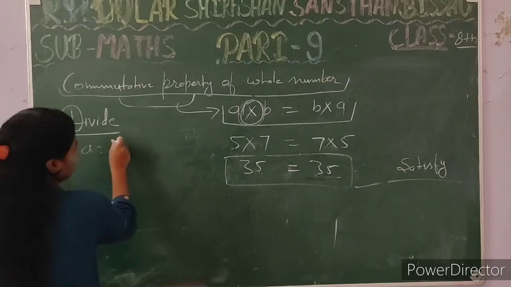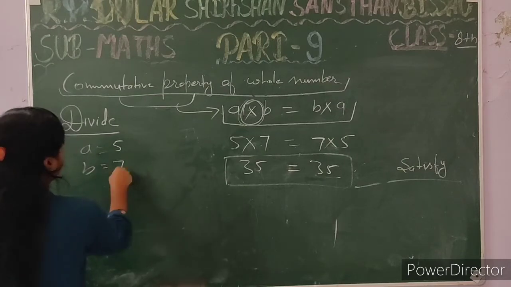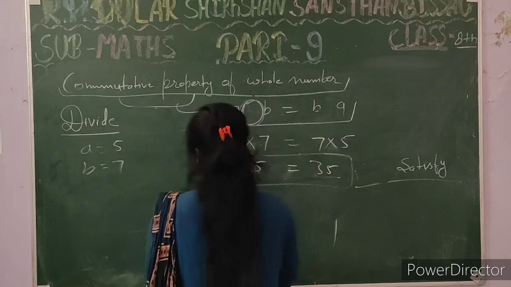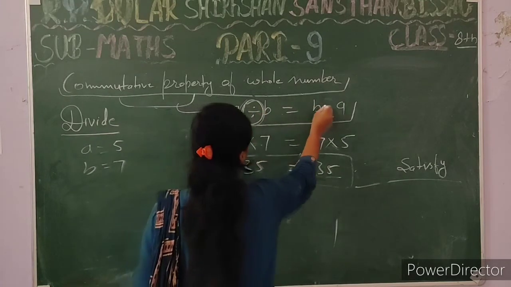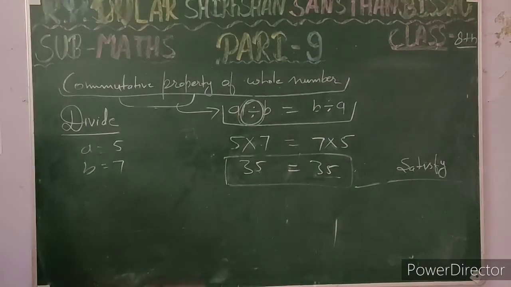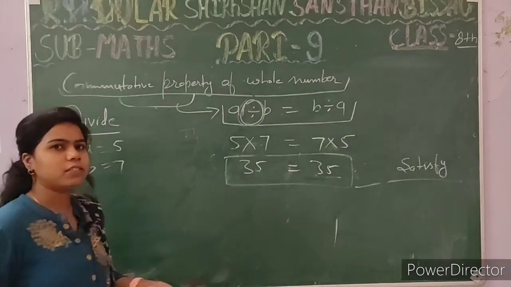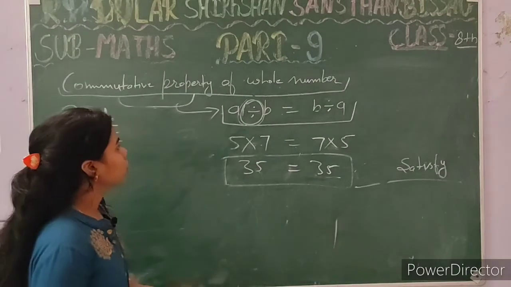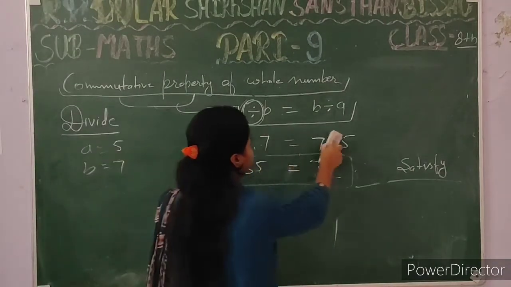A is equal to 5, b is equal to 7. Then here the sign is divide. You can take any examples, not only 5 and 7. You can do any example like 3 4, 9 6, 4 7, 8 4, 9 10. Anything you will be doing here.